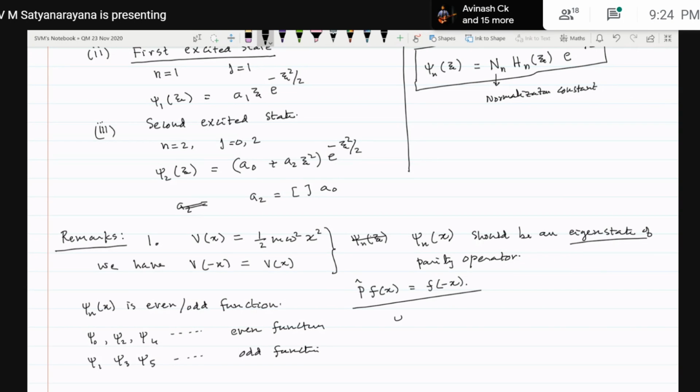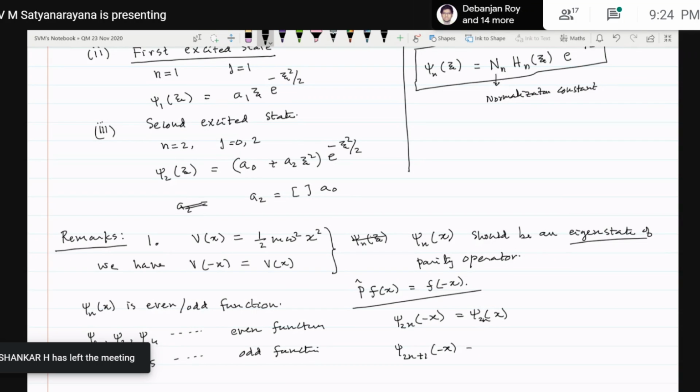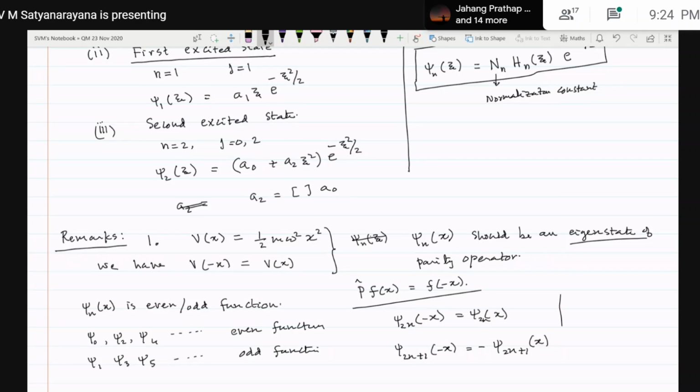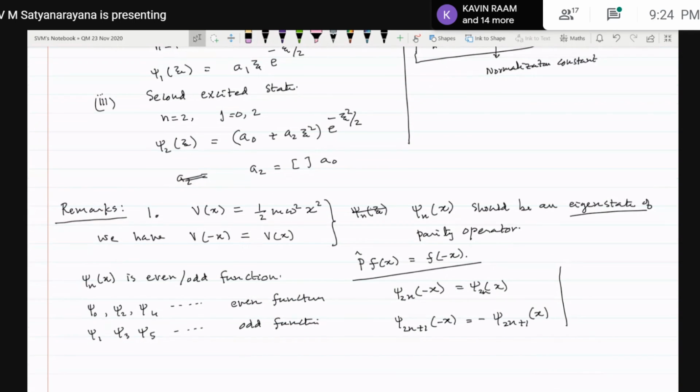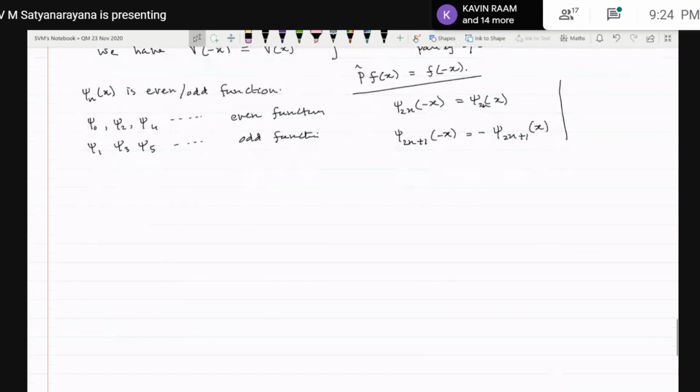That means psi 2n of minus x is equal to psi 2n of x, and psi 2n plus 1 of minus x is equal to minus psi 2n plus 1 of x. So whenever you have a potential which is an even function of x, its wave functions or its energy eigenstates will have this property.